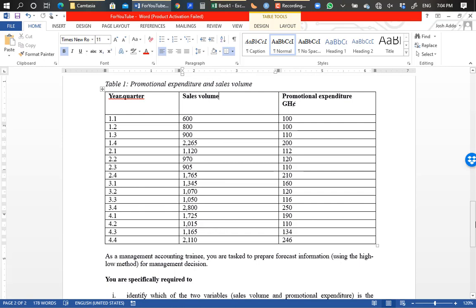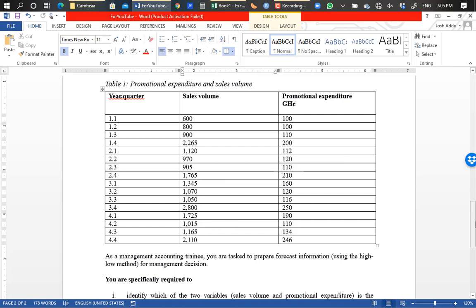If you look at this question that is before us, this is a normal business situation, so don't think too theoretical. In business, we do sales promotion by incurring promotional expenditure with the aim of boosting sales volume.